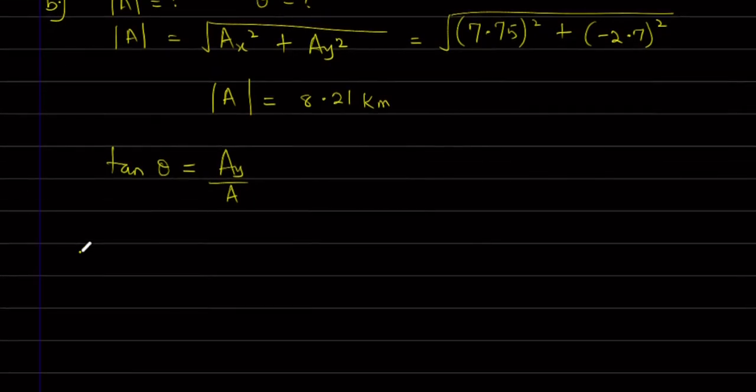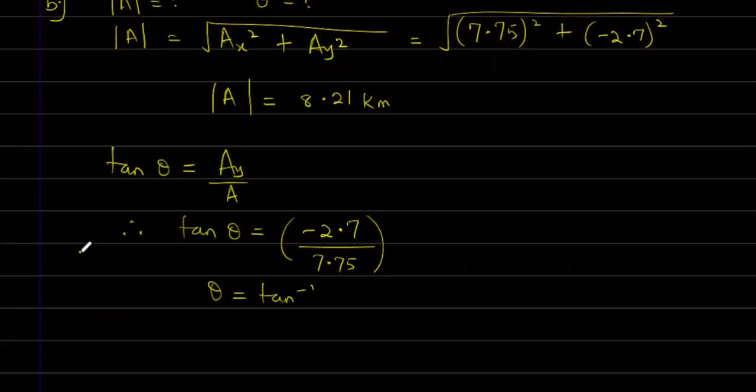So we have tan theta equals minus 2.7 over 7.75. We solve for theta: tan inverse of minus 0.348.